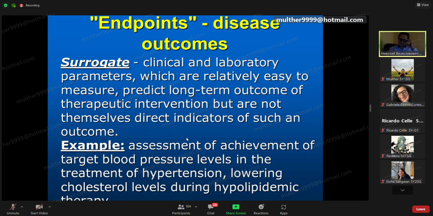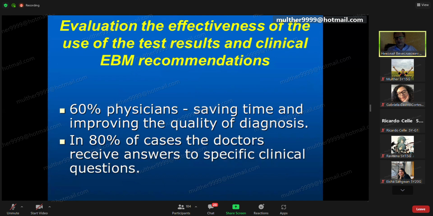Without constant antihypertensive and hypolipidemic therapy, these parameters will return to the previous pathological level, of course. So we can't interpret these changes as reliable and true criteria.